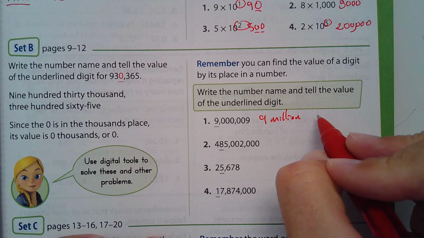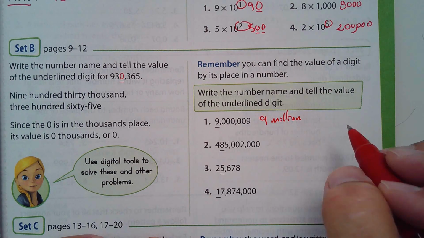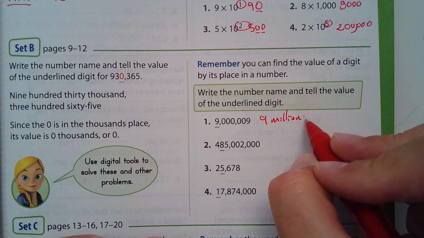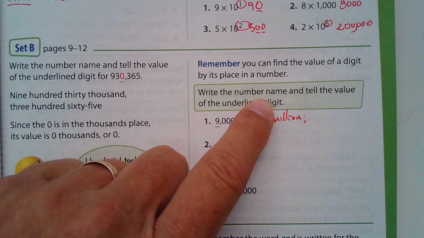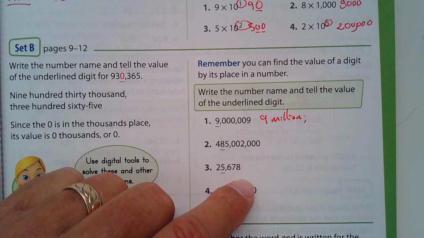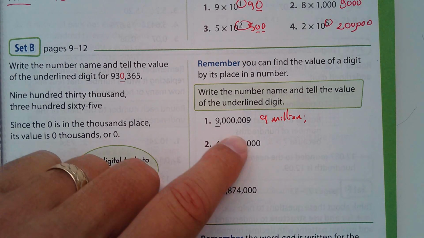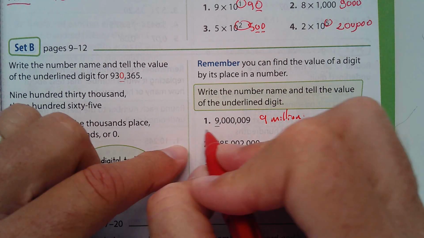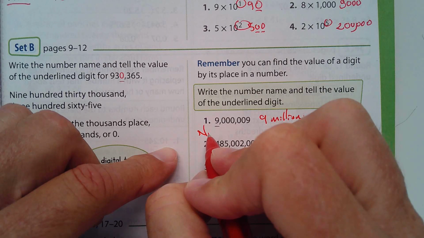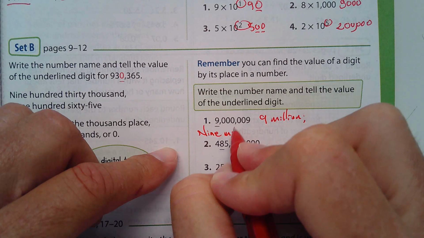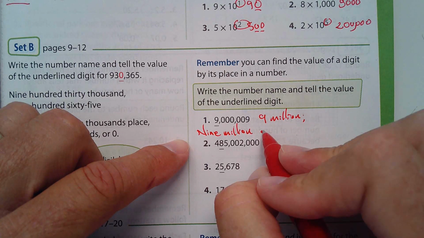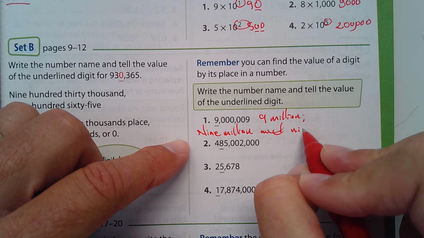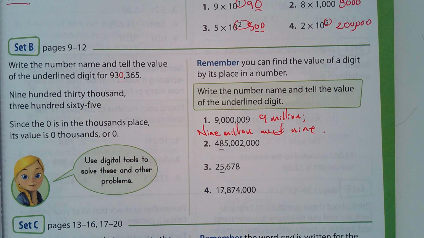Or if you wrote 9 followed by 6 zeros, that would also work. And so it says write the number name. So it's 9 million. So the number name would be 9 million and 9. That's the number name.